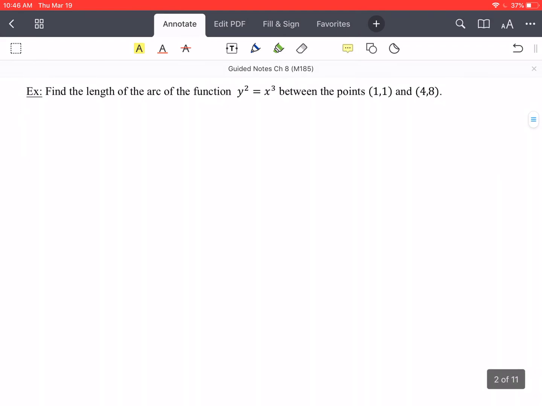So let's look at this example. Find the length of the arc of the function y squared equals x cubed between the points 1, 1 and 4, 8. Let's go ahead and take a look on Desmos and see what this curve actually looks like.